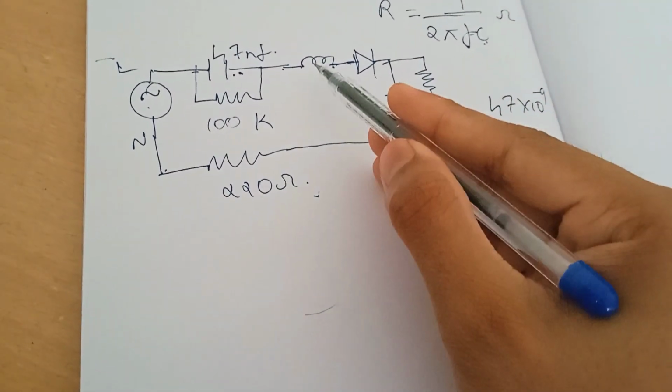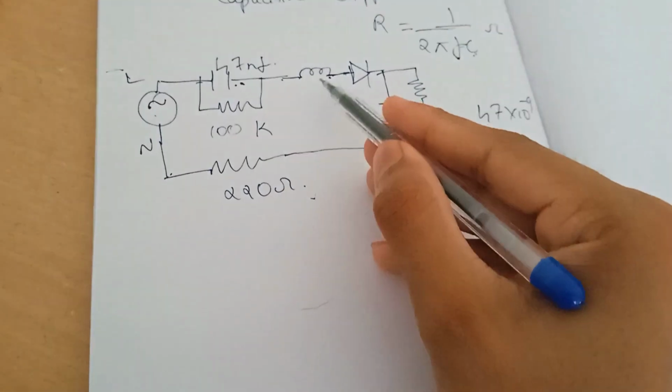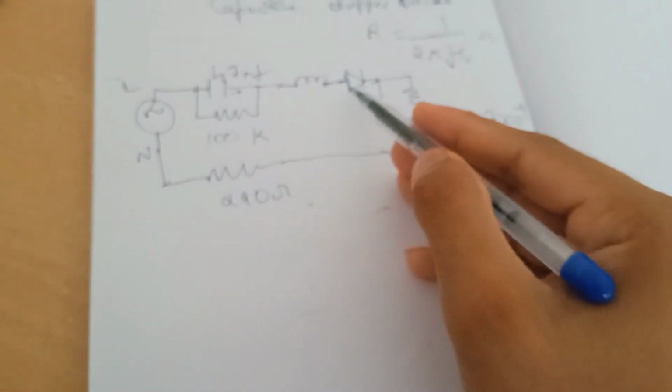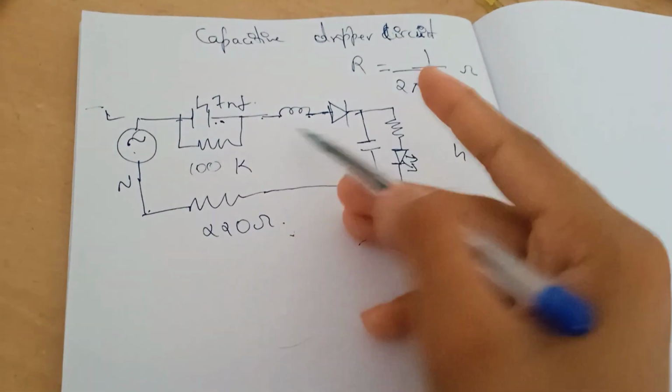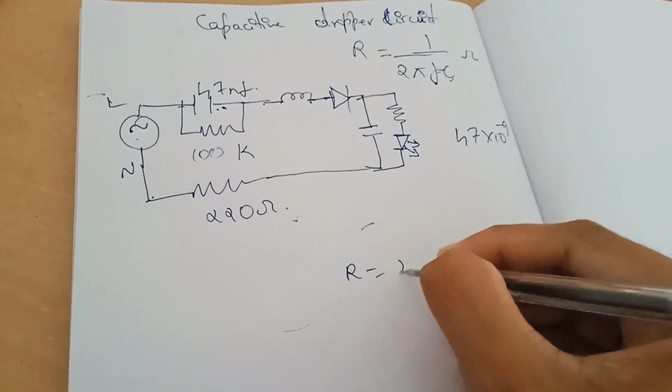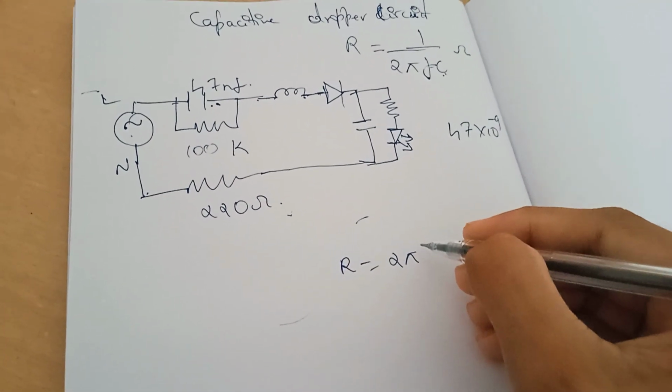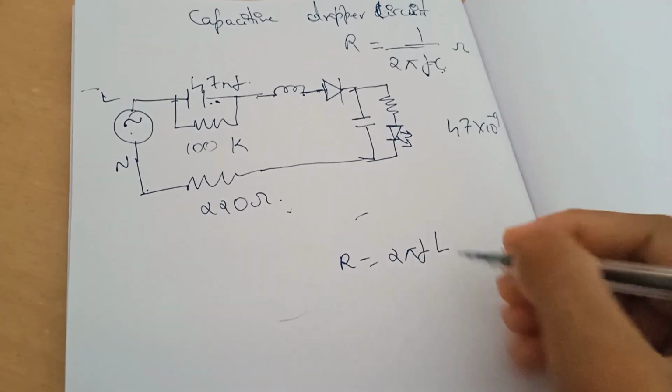And then this inductor is for power factor correction. It also offers a reactance which will be 2 pi fL.